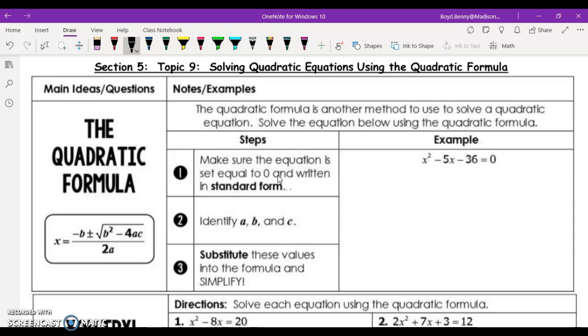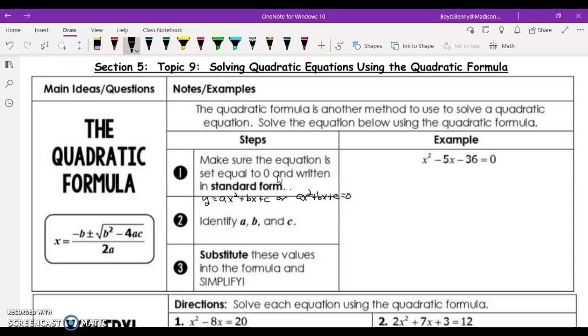So standard form, again, is y equals ax squared plus bx plus c, or ax squared plus bx plus c equals 0. So we want to set the equation equal to 0, and in doing so, we're going to put it in standard form. All right, so let's jump right into this first example.